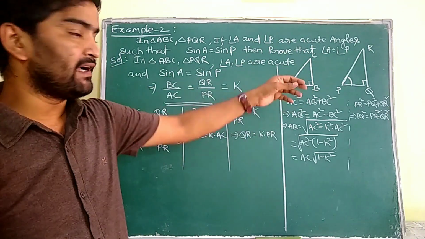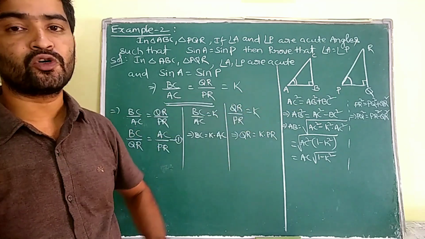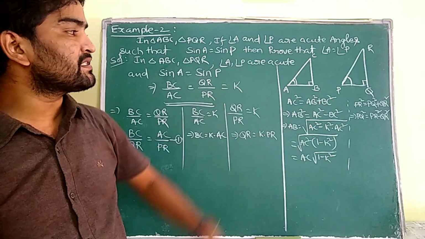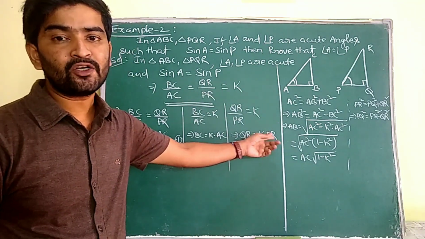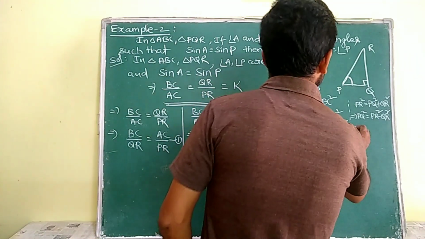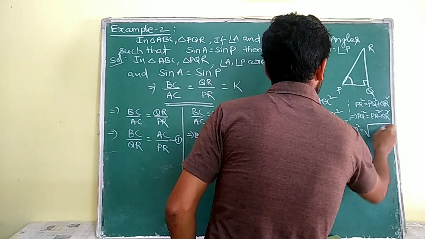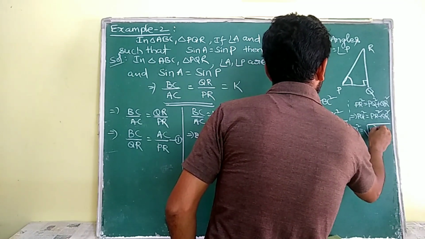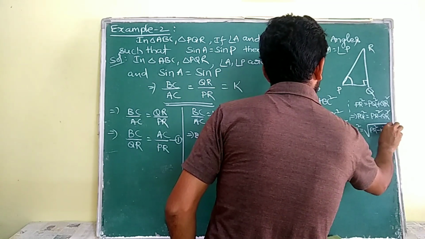I want to calculate the value of PQ. Then PQ square is equal to PR square minus QR square. Can I write this QR as K into PR? Yes, definitely. That is why PQ is equal to the square root of PR square minus K square into PR square.